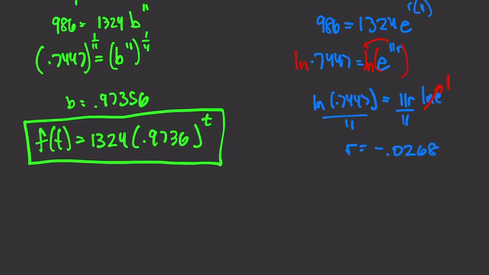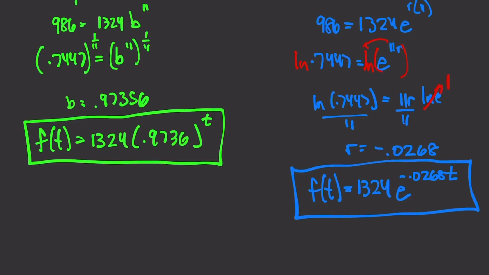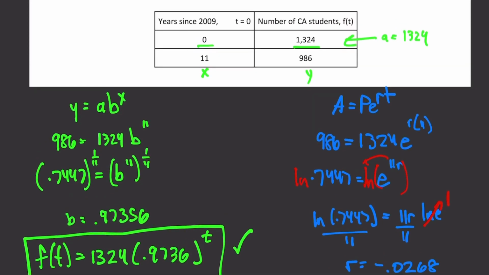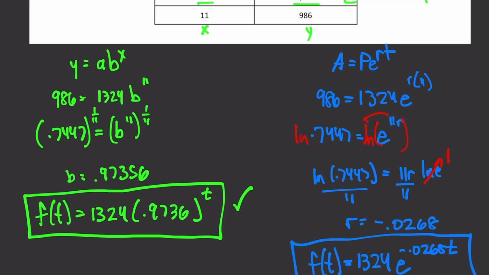And I want to write a function. So I'm going to use f of t notation just because that's what I used before. Equals my initial amount, 1324, e to the r, which is negative 0.0268 t. So you certainly don't need to do it both ways. I'm just showing you 2 models. Again, if you are interested in my preference, I think this one's just a little bit easier.